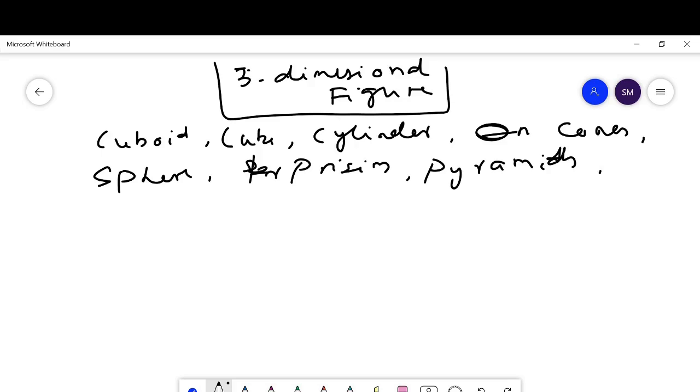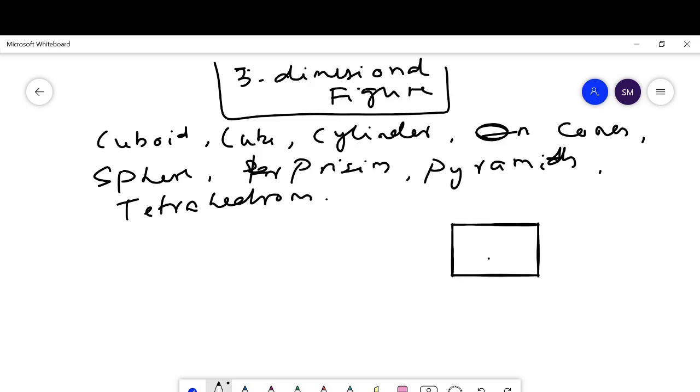They are called solids, which have a fixed shape, size, occupying space. Tetrahedrons. Suppose a cuboid is a three-dimensional figure. This is a cuboid, which is surrounded by six rectangular faces.